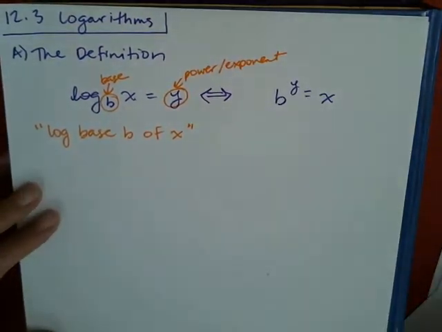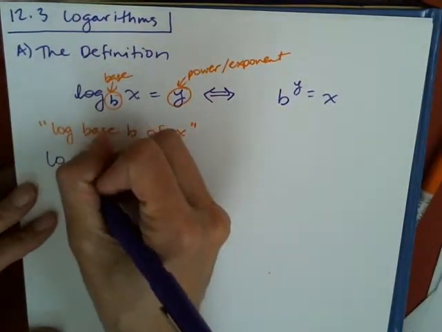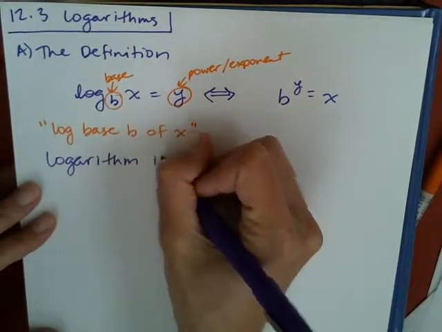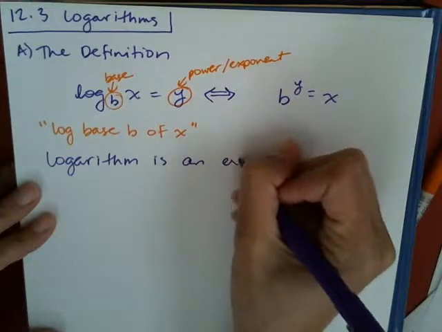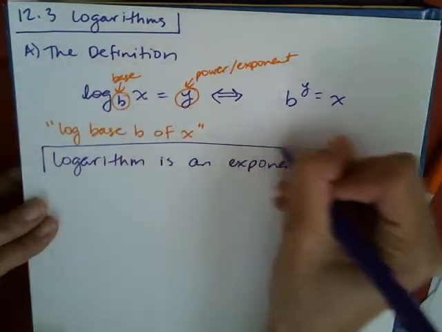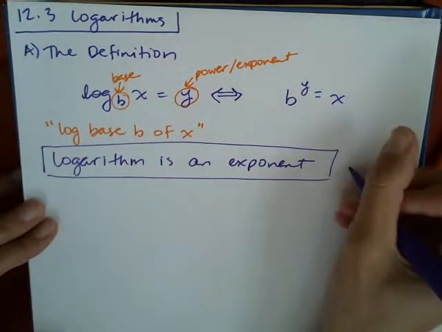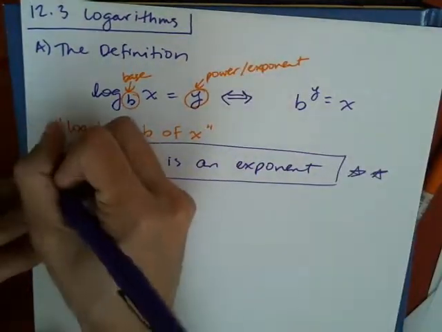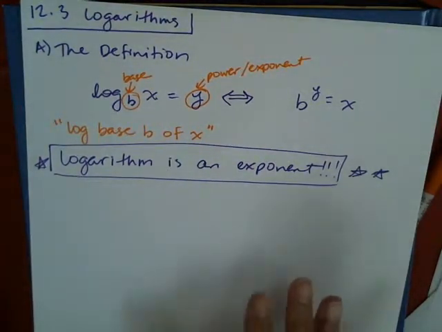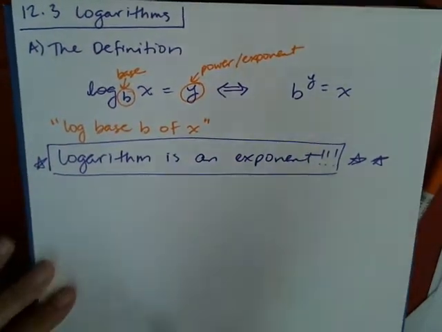Really that's all it is. A logarithm is an exponent. If you can remember that, then you've got it. Star, star, star, exclamation mark, whatever it takes, but a logarithm is an exponent.